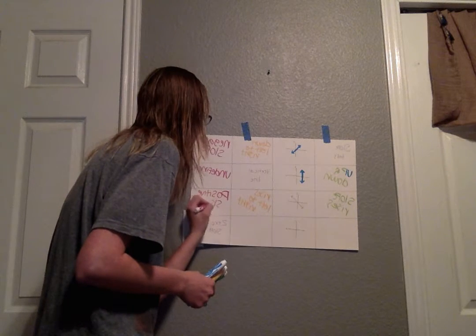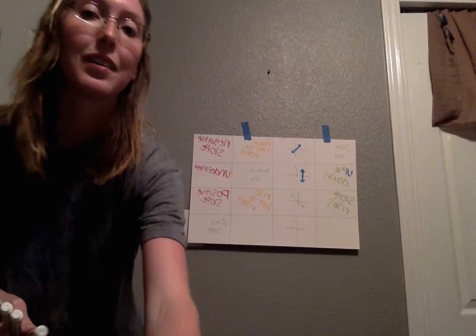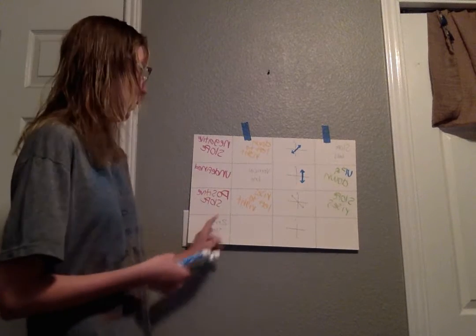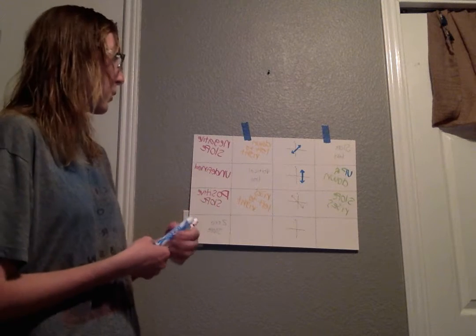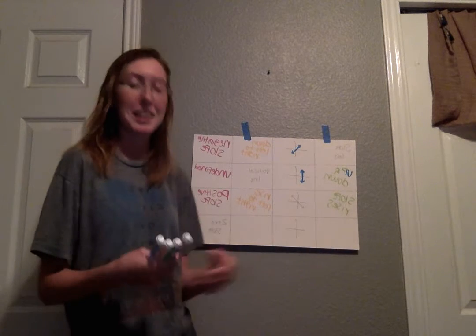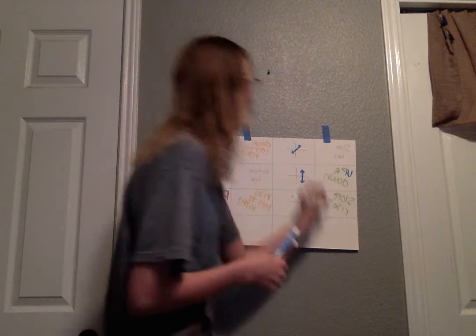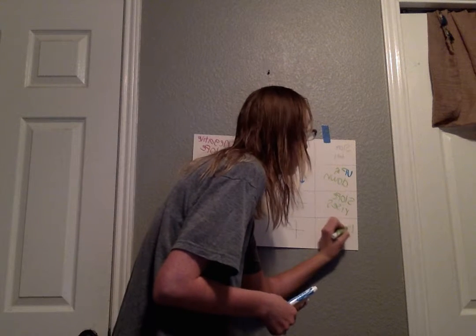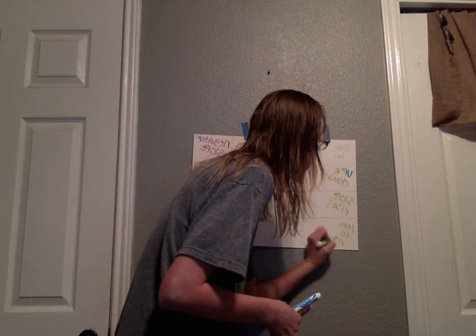Now, for the last one, we have a zero slope. So what we're going to do is first we are going to define a zero slope just to get our definition out there. And that goes left to right.